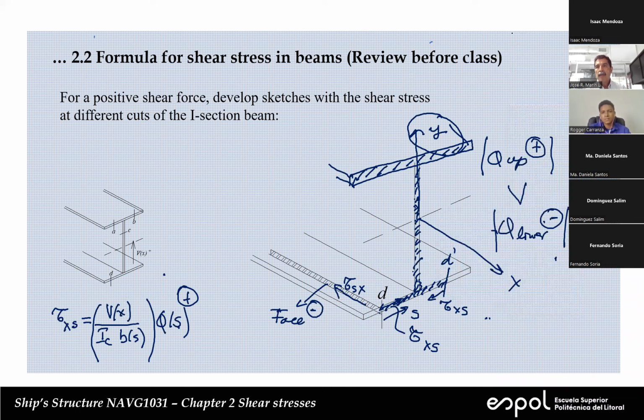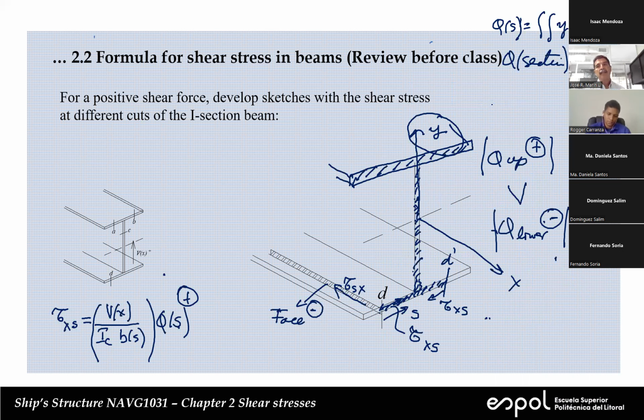Here, remember, Q is equal to the integral of y dA. And when you integrate over the whole section, what's the value of this?